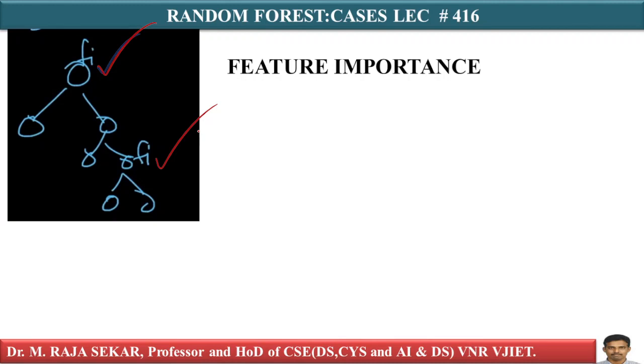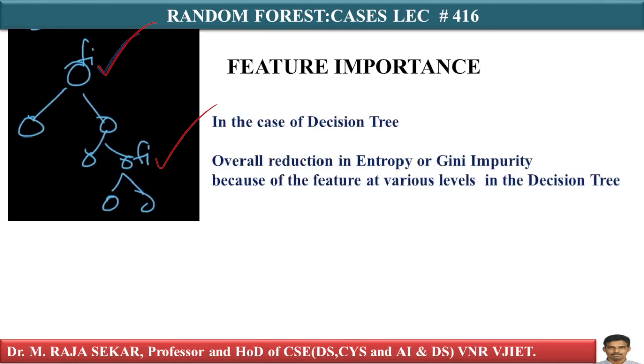We take an aggregation, a weighted sum. Overall reduction in entropy or Gini impurity because of this feature at various levels in the decision tree.